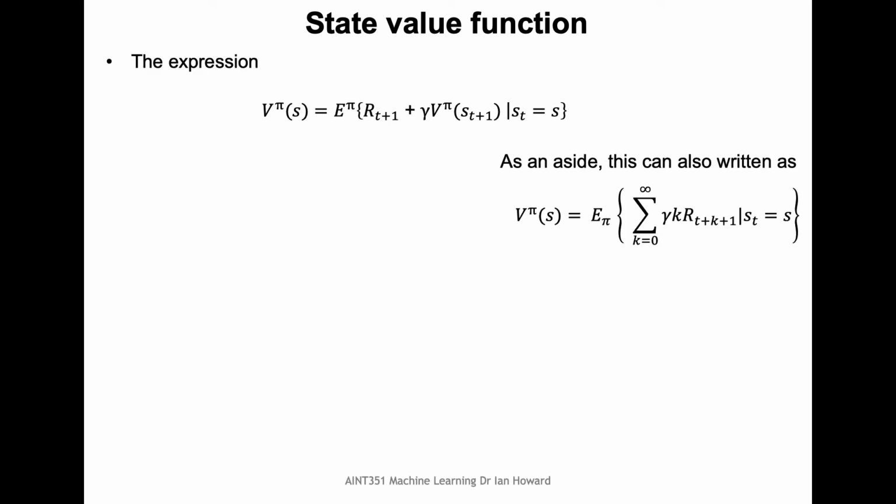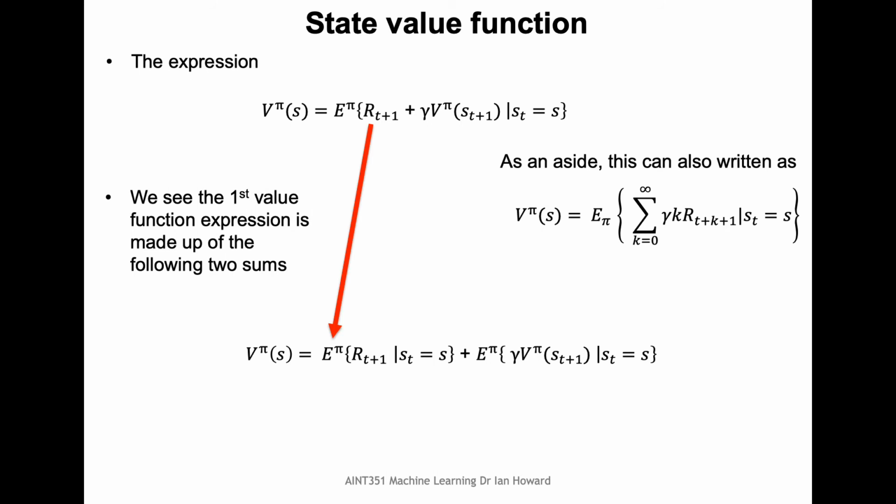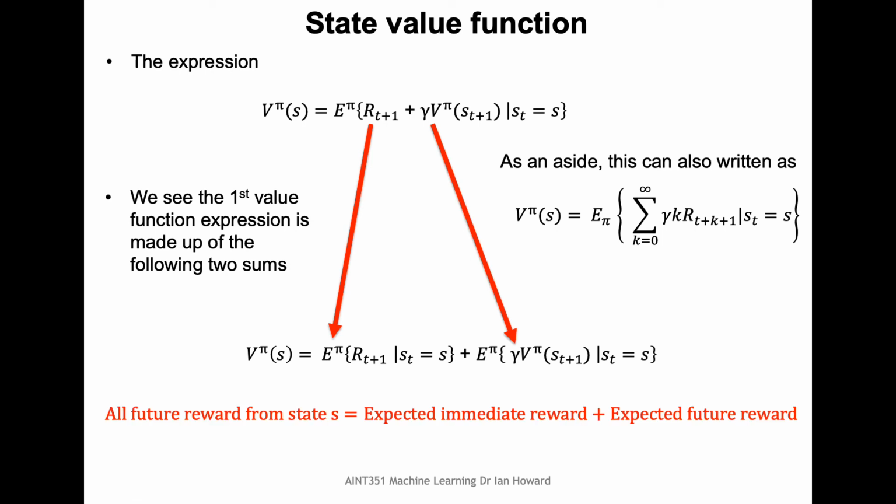So this expression here, let's just ignore that for the time being. We can see this is made up of two sums. The first bit is the expected value of the reward at the next step, and this is the expected value of the discounted future reward.